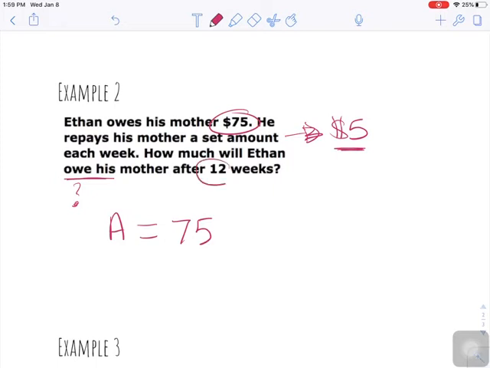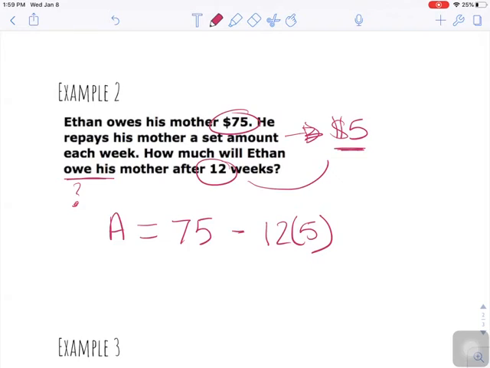In total we have 12 weeks here. So what we can do is multiply these two together. I'm going to use my parentheses here. 12 times 5 is how much he actually has to pay her, and we're taking that away from what we started with to see what that difference is. How much is left over going to be?